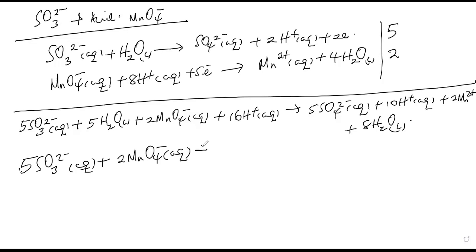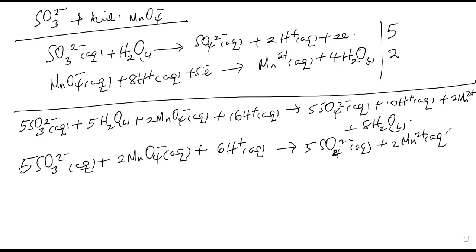So we shall say plus 16 minus 10 hydrogens will be 6 hydrogen ions to give us 5 sulfate plus 2 manganese 2 ions, then of course when 5 molecules of water come this side, this water will reduce to 3 water molecules.